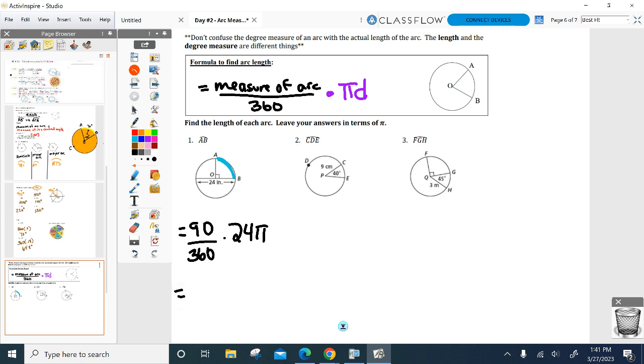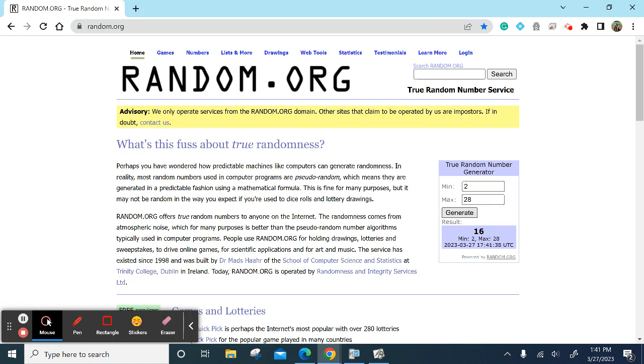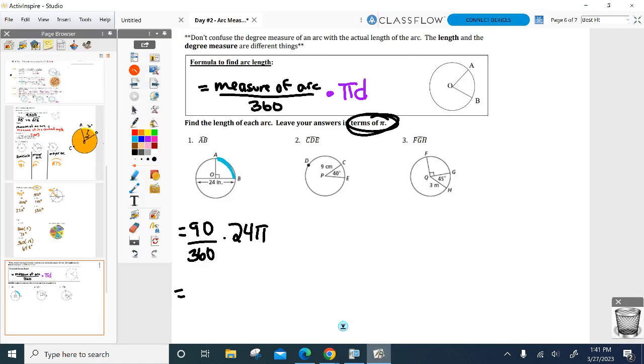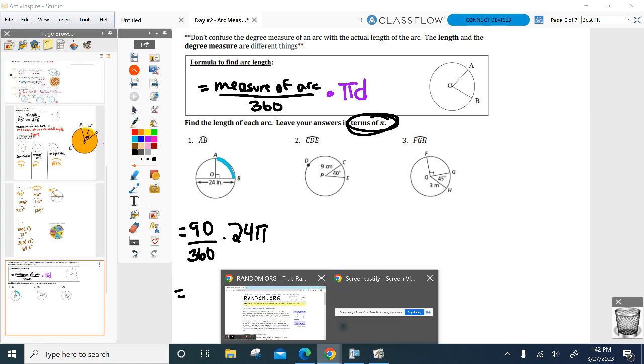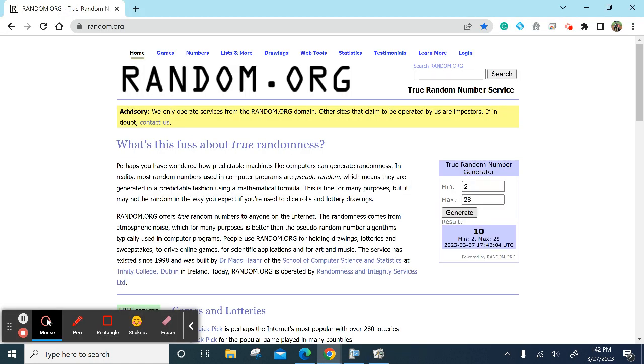Whoa, hopefully we're not going too far ahead here. What are the directions? Same ones from Friday. Leave your answer in terms of pi. Talk to me. What am I looking for at the end of this, if it says in terms of pi? What am I looking for here?